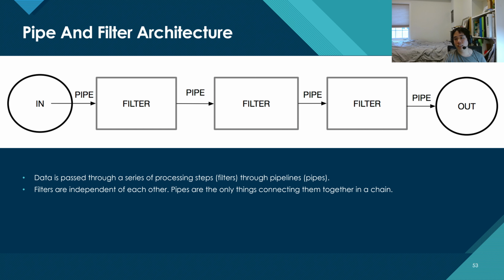Once the first filter finishes its process, it sends the results through another pipe to the next, and we rinse and repeat until we finish all of the processes or steps, and the last pipe will pump out the output for the browser, or for whatever needs to receive this output to do stuff with it.